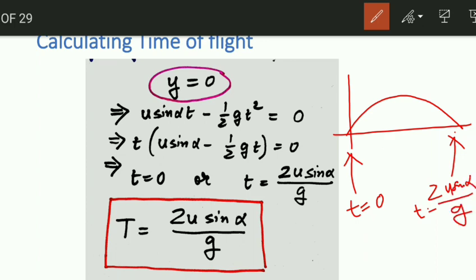So t is equal to 0 and t is equal to 2u sin alpha by g are the two roots of this equation. So the time of flight is 2u sin alpha by g minus 0, that is 2u sin alpha by g. That is the time of flight. This expression is important. Please memorize this.